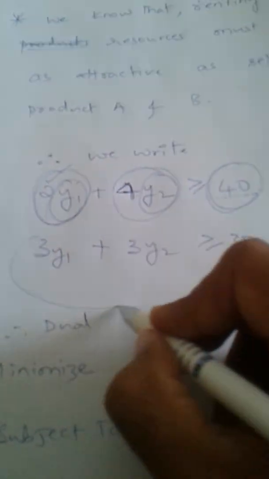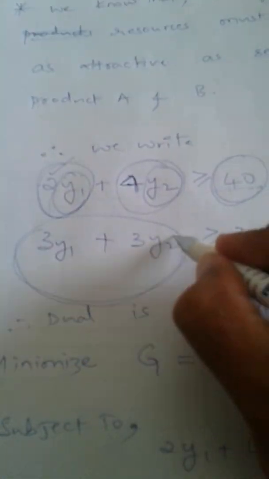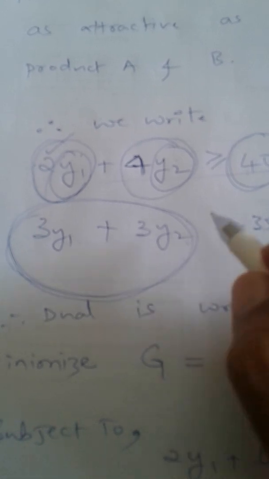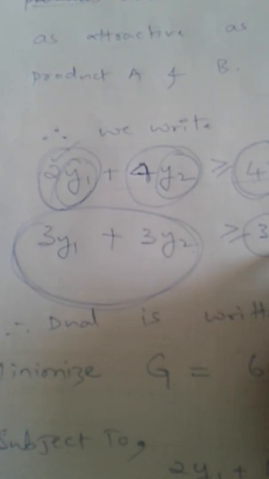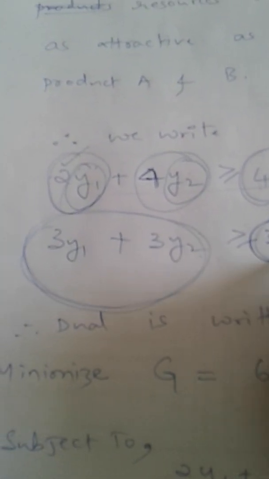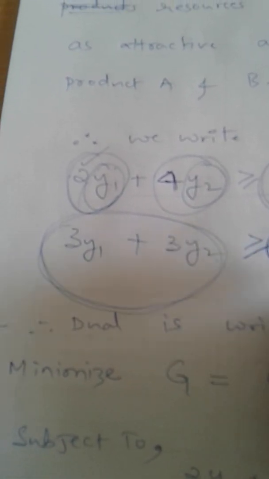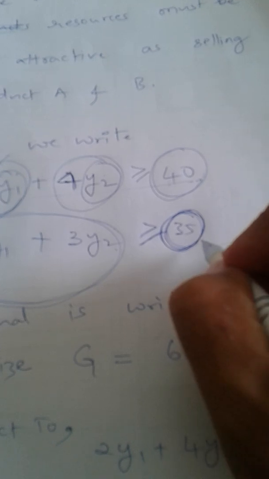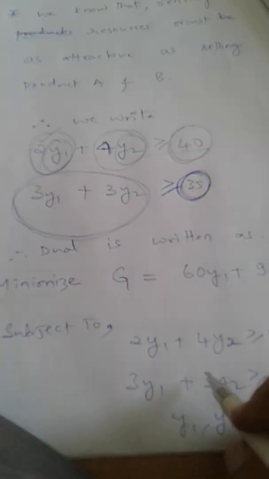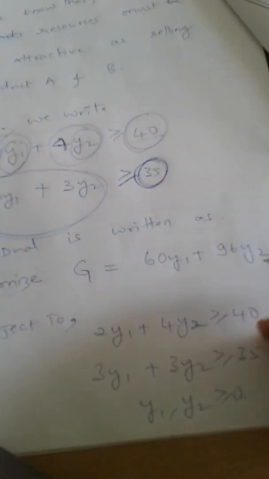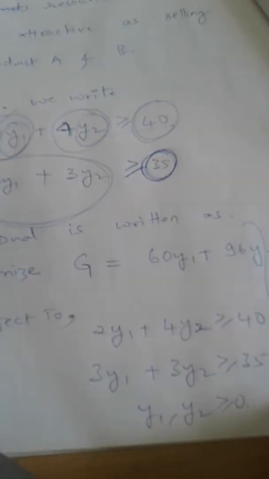Similarly, by renting the resources required for product B, they currently earn 35 rupees of profit, so that should be more than 35 rupees. This is how we formulate the final required equation.